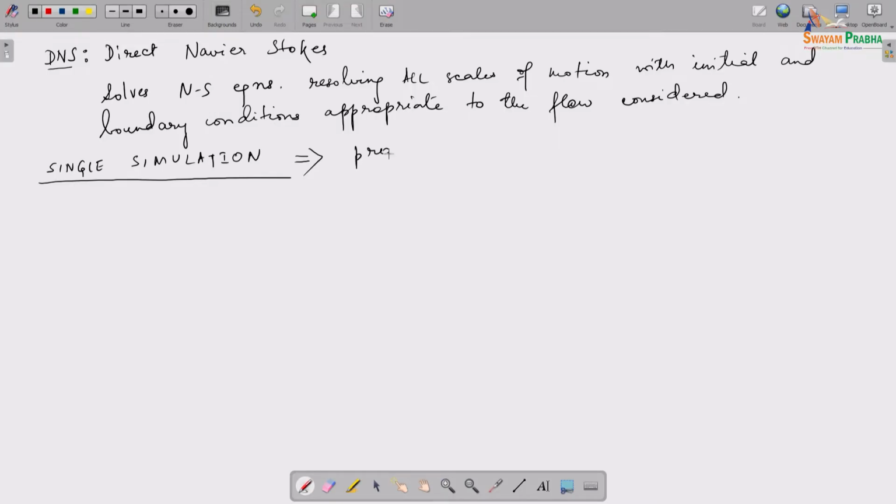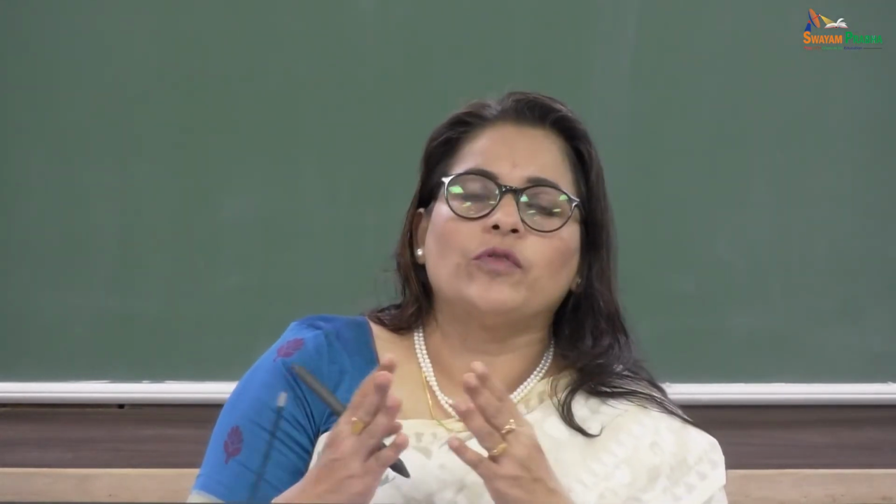So that single simulation produces a single realization of the flow. In a turbulent flow, say for example you study the flow for about 1 minute, compare that to a flow which is laminar.